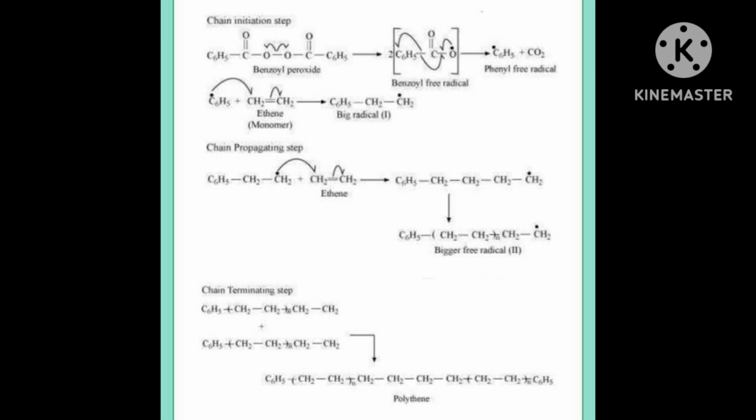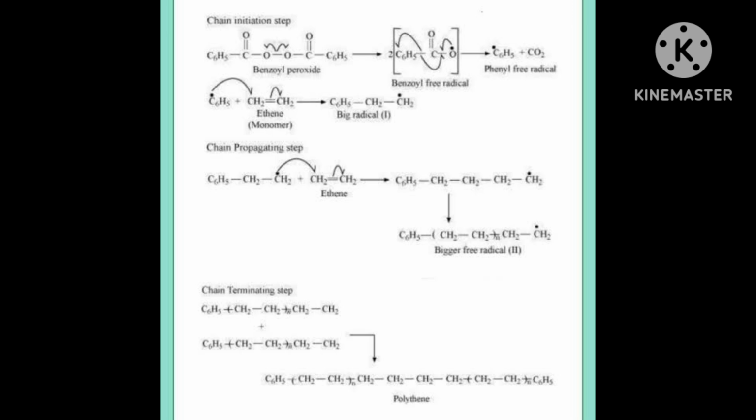Now any one phenyl radical of the two will react with ethene. The ethene double bond will convert to a single bond, and carbon will join with the phenyl free radical, correct?